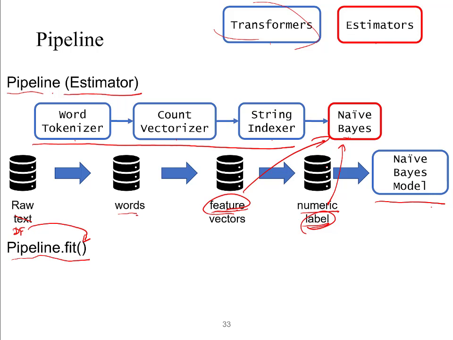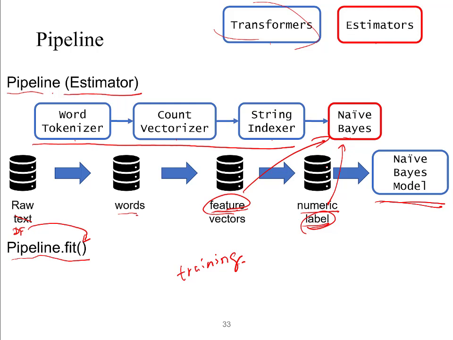It works essentially the same as calling the fit method on a pipeline. So just remember that what you will have is a transformer. And this is also known as the training phase.